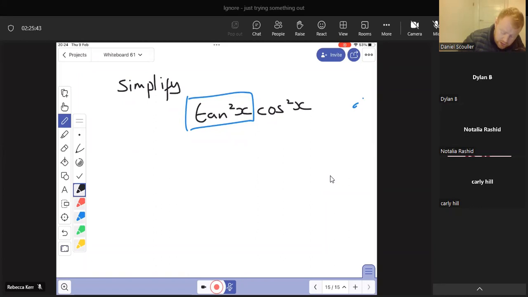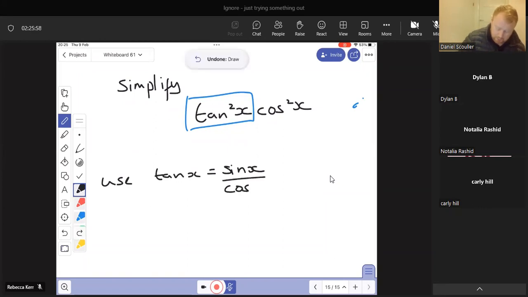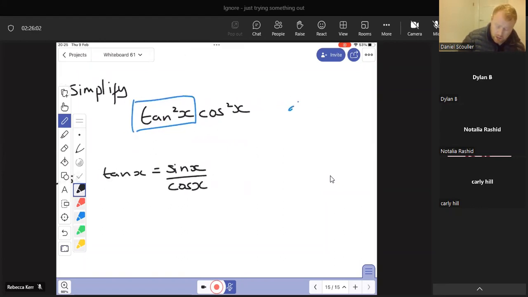So if we say tan x is equal to sine x over cos x, we can then make the jump: tan squared x is equal to sine squared x over cos squared x.